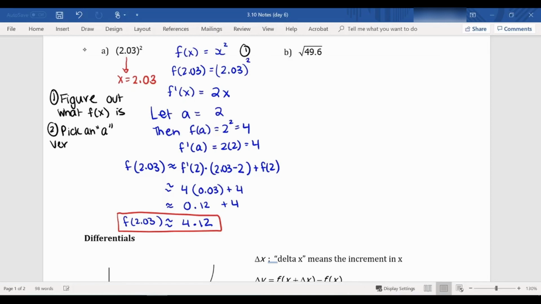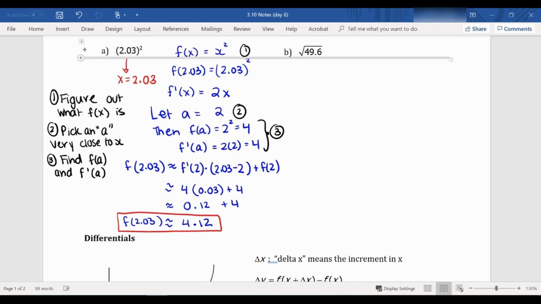It should be very close to your x, and it should be something you can do in your head. Okay, so this was what we did here. Step 3, we would need to find f of a and f prime of a. So that's what we did right here.